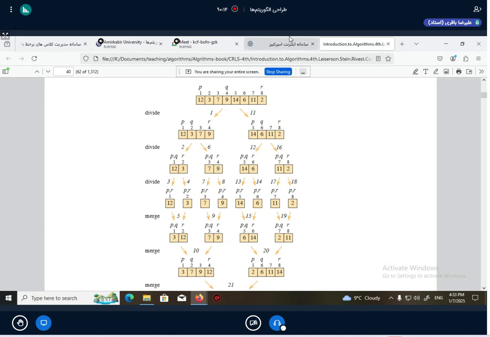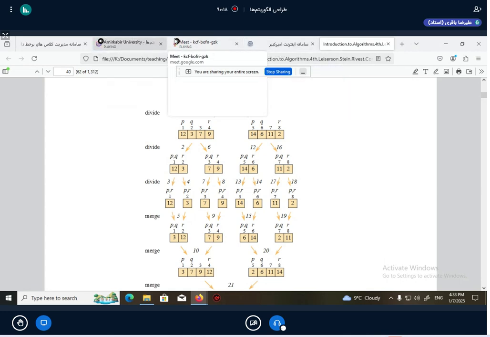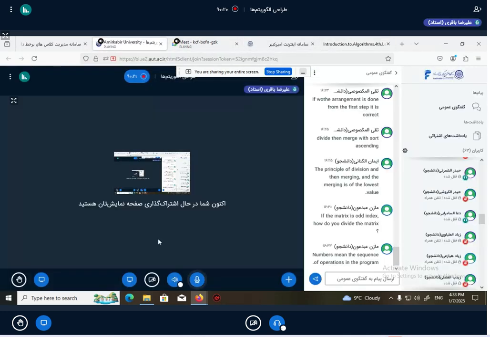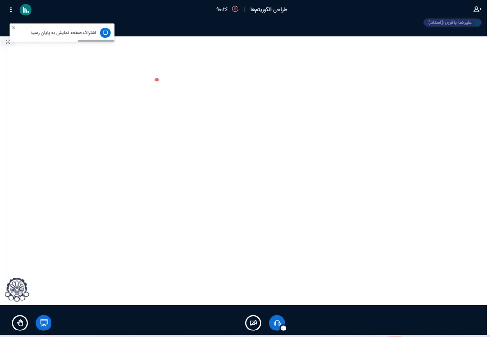Okay. I can draw in our slides. Let me draw in our slides. In this slide, I show you how function calls are done.